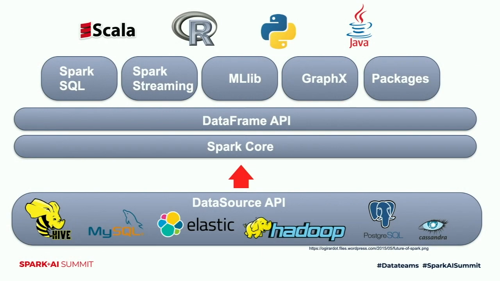The reason for that problem is that Spark is a general purpose execution engine, which is great if you have a big diversity of applications within the organization. It's great because it can support multiple data sources, multiple languages, and multiple execution models like Spark SQL, machine learning, and graph processing.